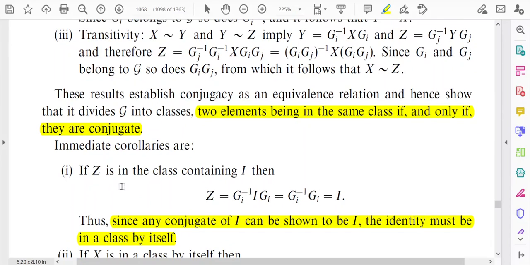For example, if capital Z is in the class containing the identity I, then we can write Z is equal to Gi inverse I into Gi.